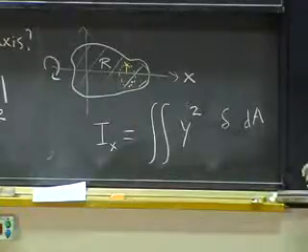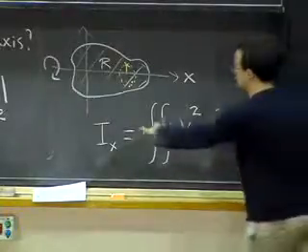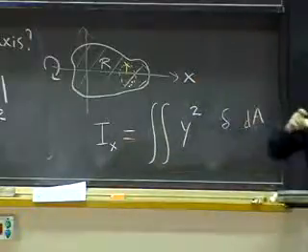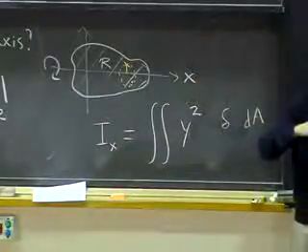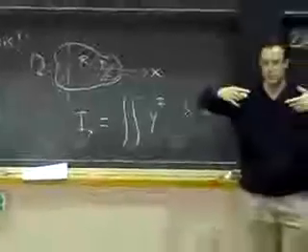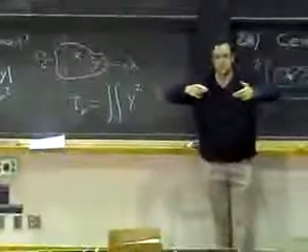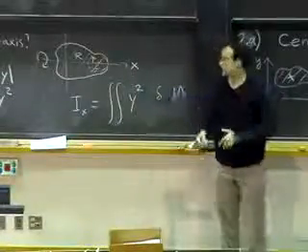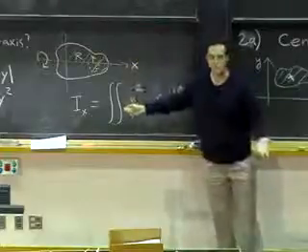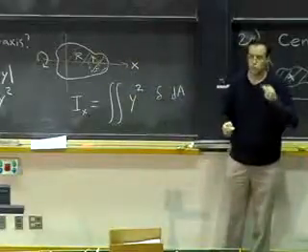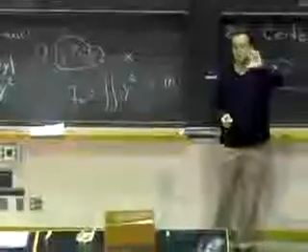Okay? It's slightly strange that I have y in the inertia about the x-axis, but if you think about it, y tells me how far I am from the x-axis, so how hard it will be to spin around the x-axis. Okay? And I could do the same about any other axis that I want, just I would have to sum the square of the distance to the axis of rotation.